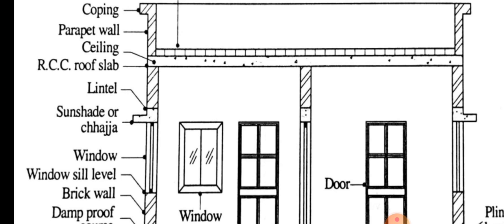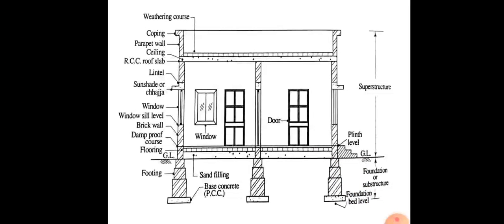And any horizontal load carrying member in a structure we call a beam. And a beam that is provided above the door or window openings we call a lintel. And of course, sunshade you all are familiar with. It is a projection which is usually provided outside a building and above the doors and windows in order to prevent the direct entry of sunlight and rain into the rooms.